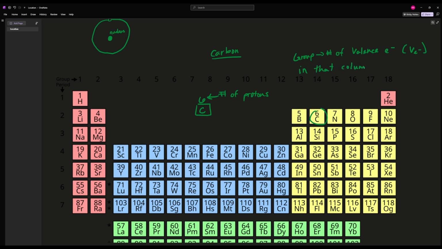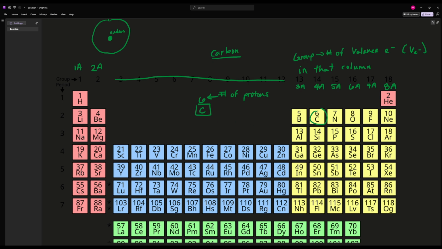What do we mean by this? Well, oftentimes, instead of saying 1 to 18, you will see 1A, 2A. We will ignore the metals for now, and then it will pick up with 3A, 4A, 5A, 6A, 7A, and 8A. This is referring to the A groups, which are the main group.